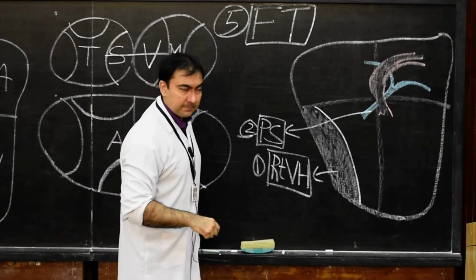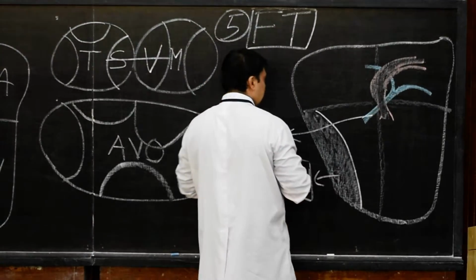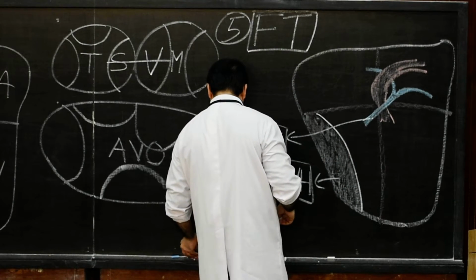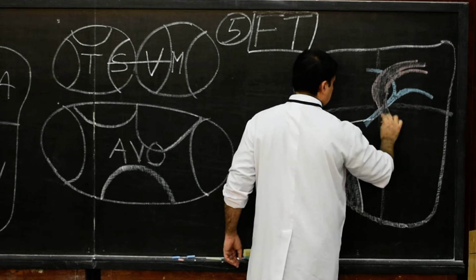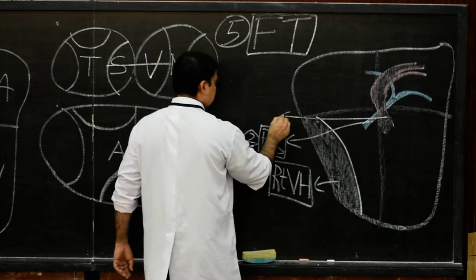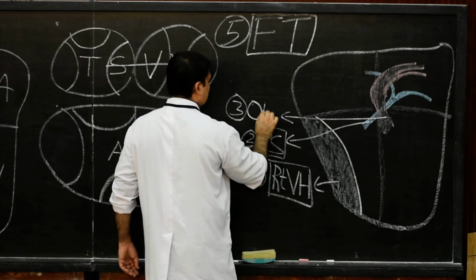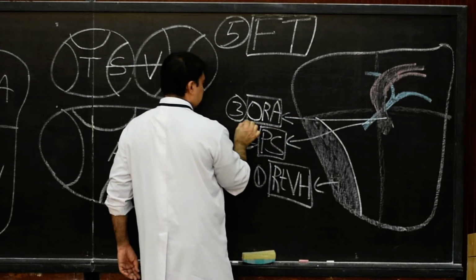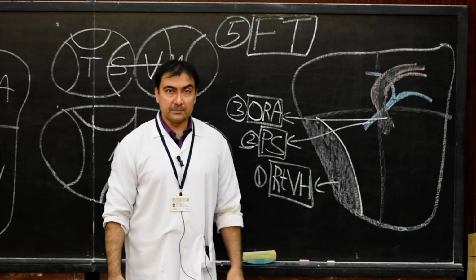So here I will show this pulmonary stenosis. Now overriding of the aorta also. So the aorta will be overriding the interventricular septum. So I will name this as third, overriding of aorta, in which the aortic orifice is pushed more on the right side of the interventricular septum.